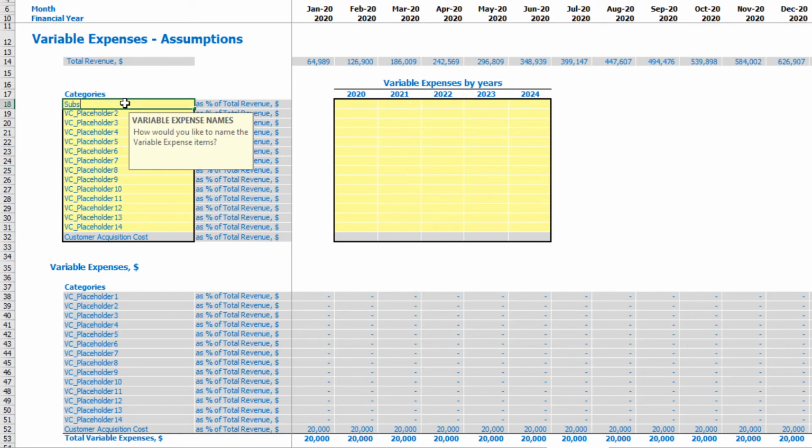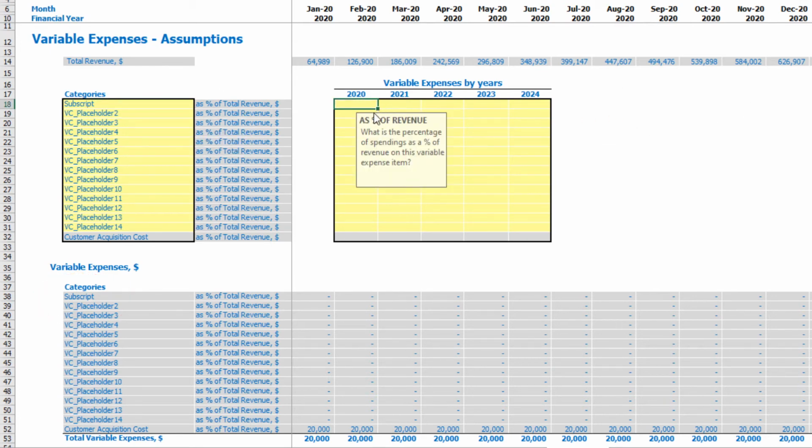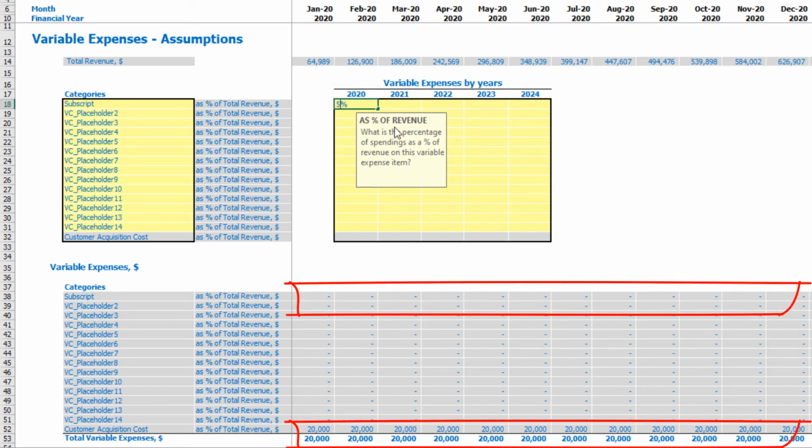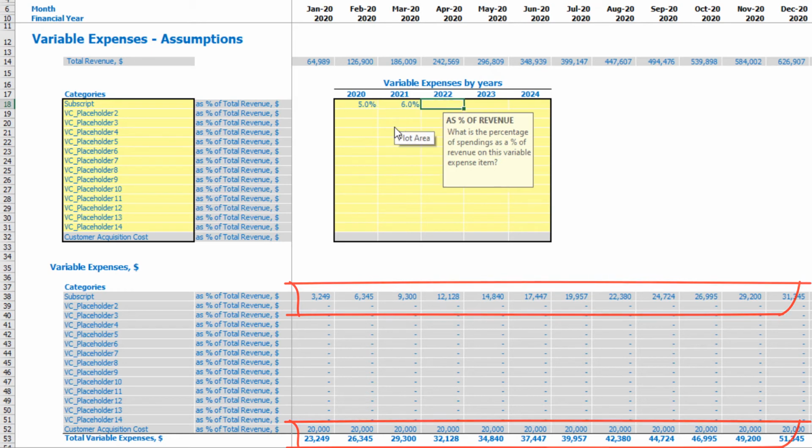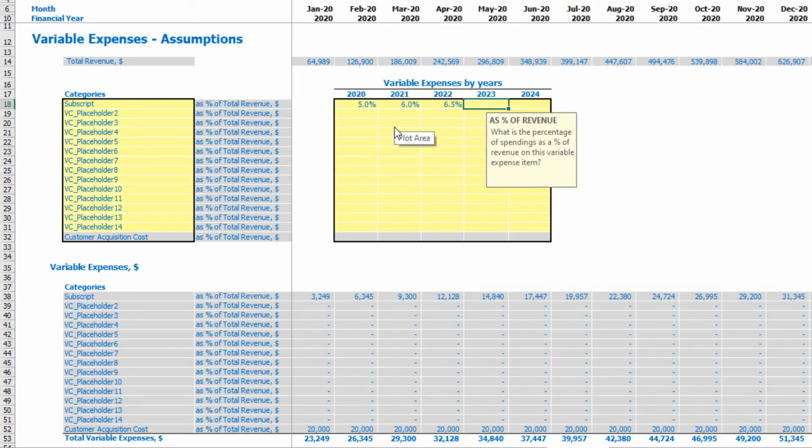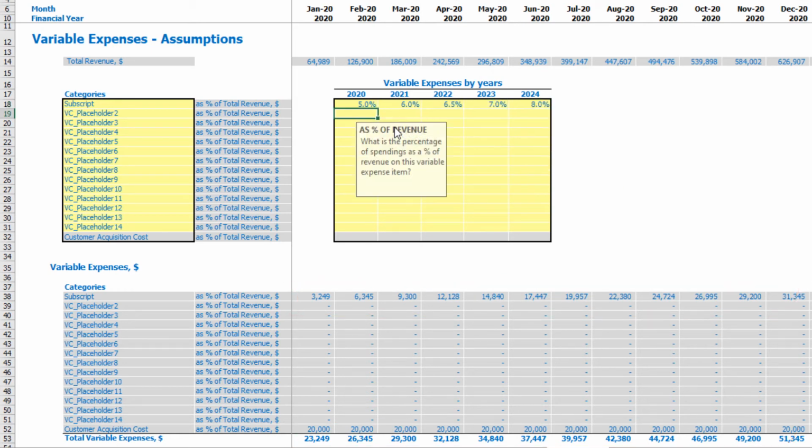Let's say it's subscription cost, which can be software subscription, for example, and you can set this as a driver percentage of total revenue by years. For example, first year it can be 5%, and 6, 6.5%, 7, and 8%.